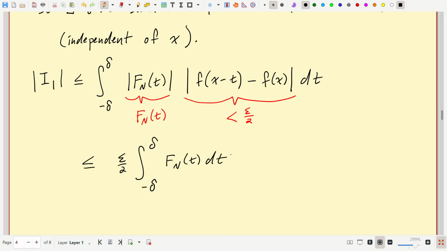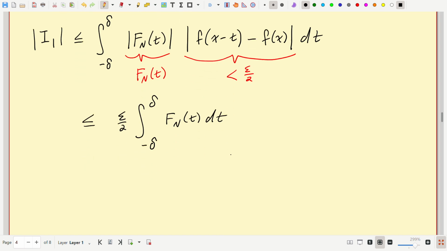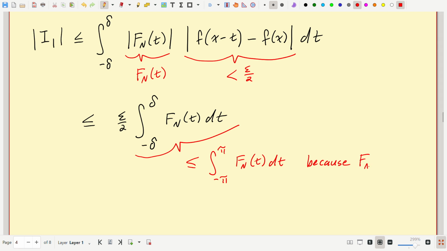But because this is a positive kernel, a non-negative kernel, this is less than or equal to the integral from minus pi to pi of fn of t dt, because of the positivity or non-negativity, because fn of t is greater or equal to 0.